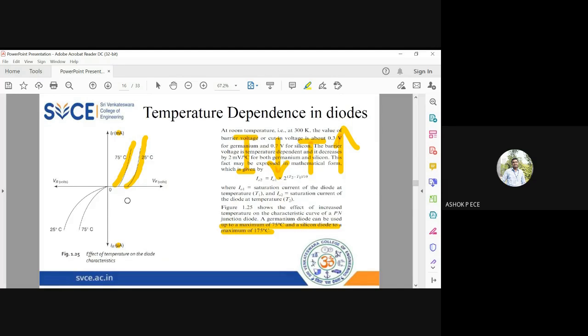And this is the case for reverse bias: at 25 degrees Celsius you will get more current, and at 75 degrees Celsius you will get less current. The same thing we observed here. And you see that the current conduction in forward bias happens only after the cut-in voltage. Until then it is 0. After the cut-in voltage only, it is going to increase.